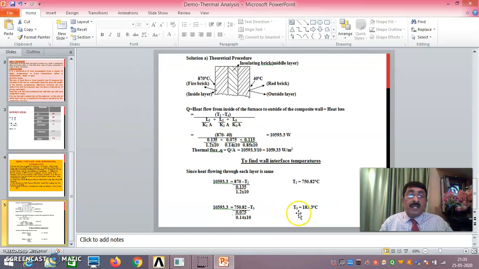In that way, T3 you get it as 183.3 degrees centigrade. In that way, we are able to find out theoretically what exactly is the thermal flux here. That is heat loss per unit area to the surrounding. Okay. This you are anyway proving it using answers, and this interface temperatures also we are proving it using answers.